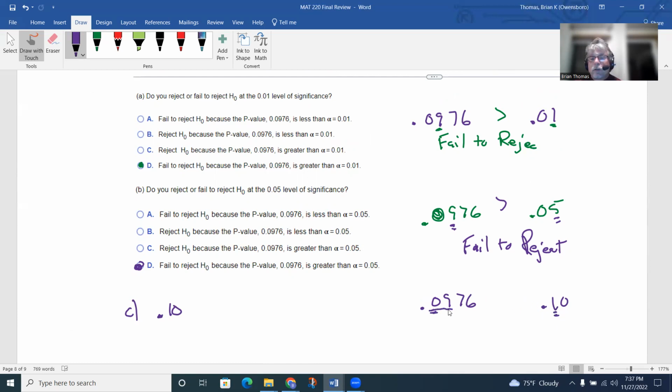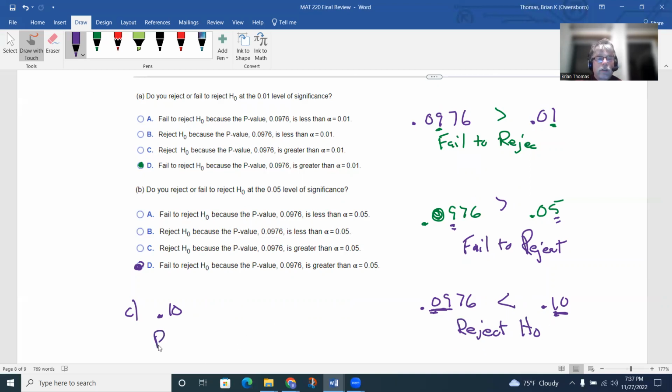So if you compare two places here, 10 is greater, so this is actually less than. If it's less than, we are going to reject the null hypothesis. We are going to reject H sub 0, and the reason is because 0.096 is less than the level of significance there.